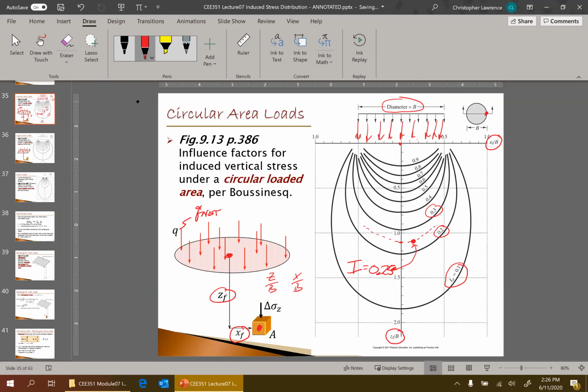Now, delta sigma equals I times Q. So you have to visually interpolate between the curves.